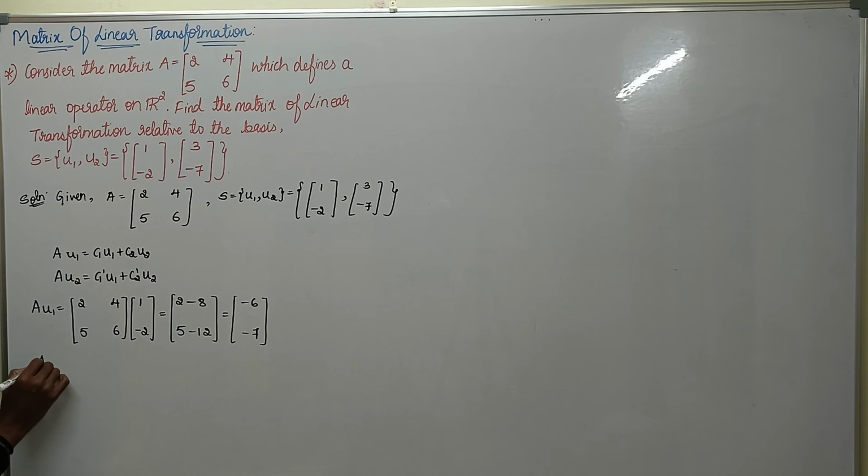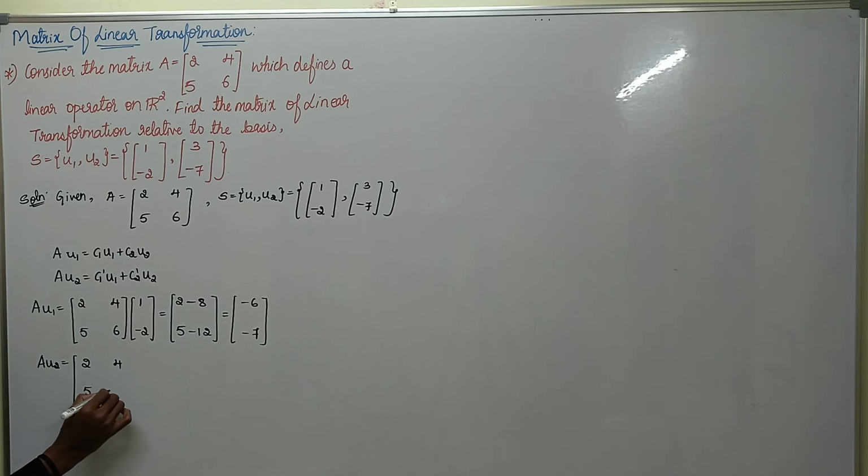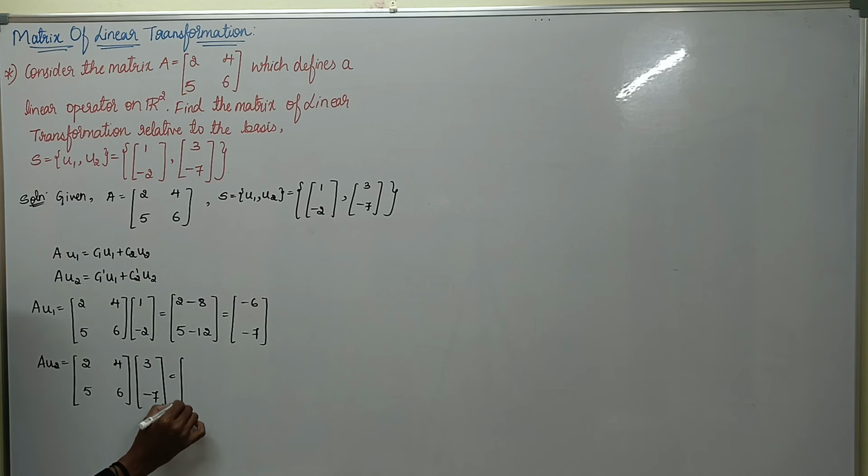Similarly, let us find A u2. What is A u2? It is [2 4; 5 6] into u2, which is (3, -7). Let us multiply: 3 twos are 6, 4 into minus 7 is minus 28.